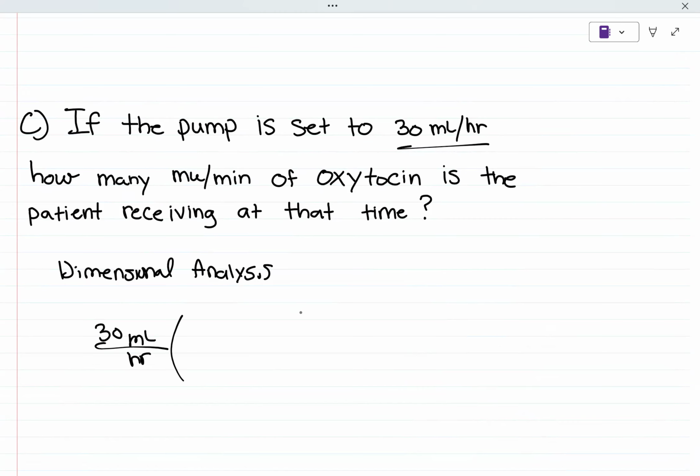And what is my goal? My goal is to get MU per minute. So let's first get rid of this hour by turning it into a minute. So how do I do that? I'm going to put hours on the top. So we know that 1 hour is exactly 60 minutes.